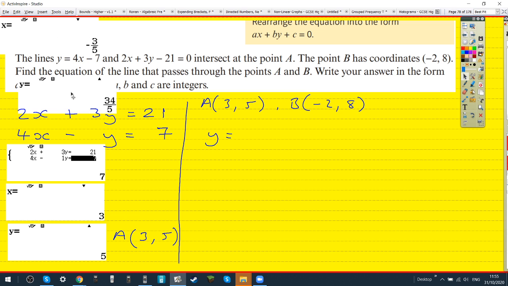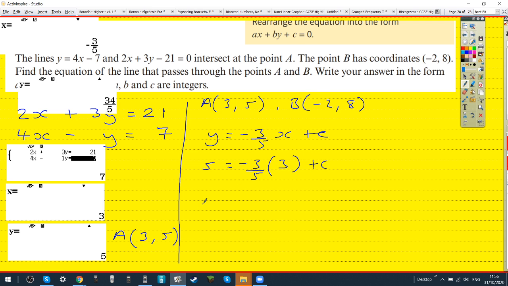So it would be 5 equals minus 3 over 5 brackets 3 close brackets plus c, and then you'd work that out. So minus 3 over 5 multiplied by 3, which gives you 5 equals minus 9 over 5 plus c.